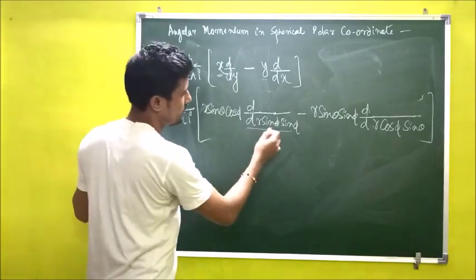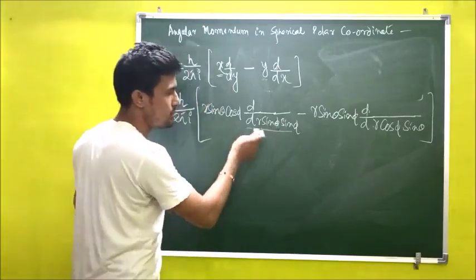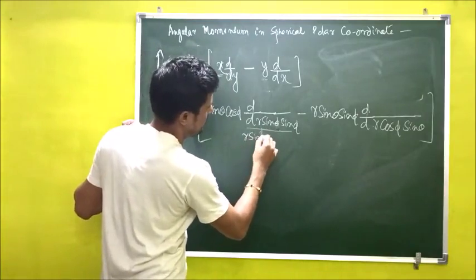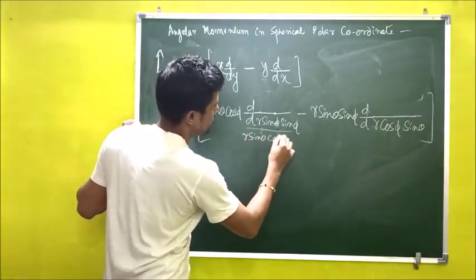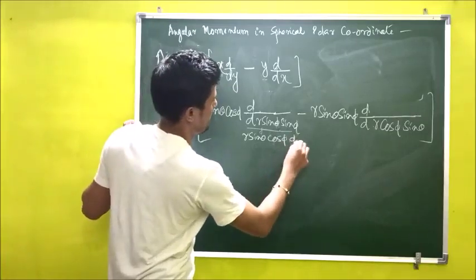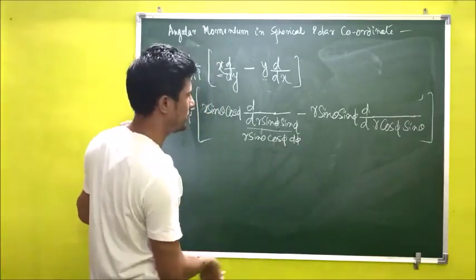So if this is y, we should derive it by the phi angle. So this will be r of sin theta and cos of phi into d phi.